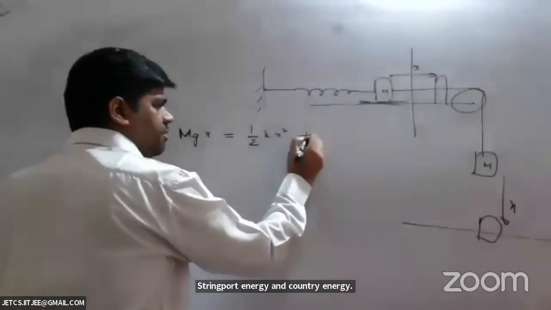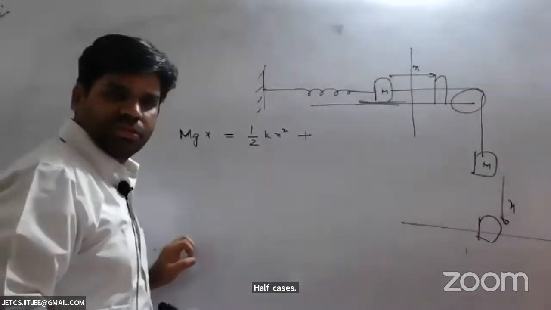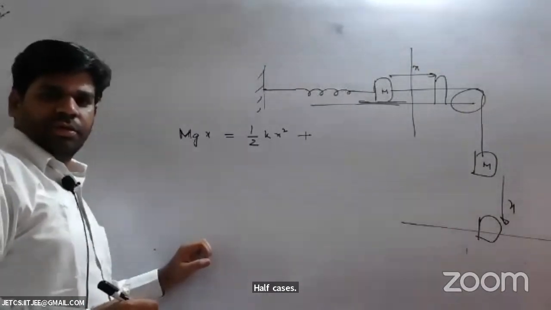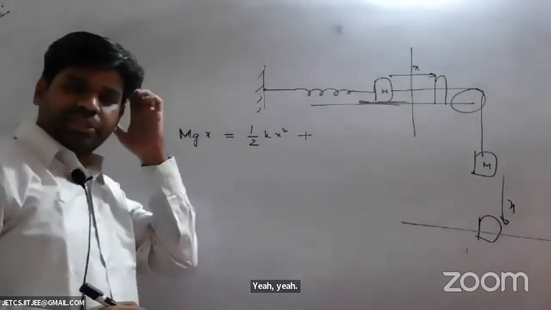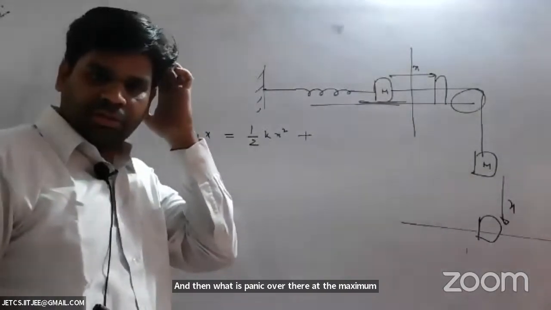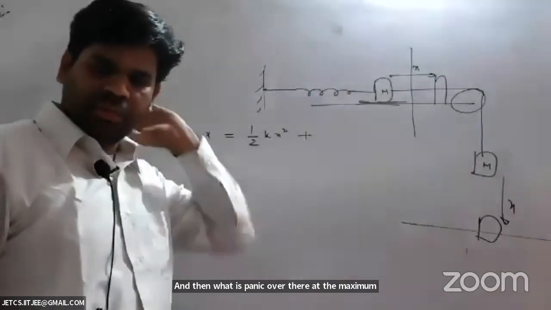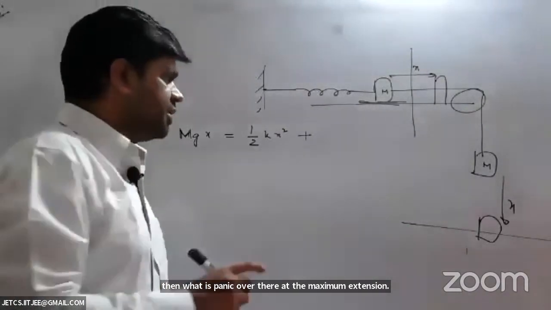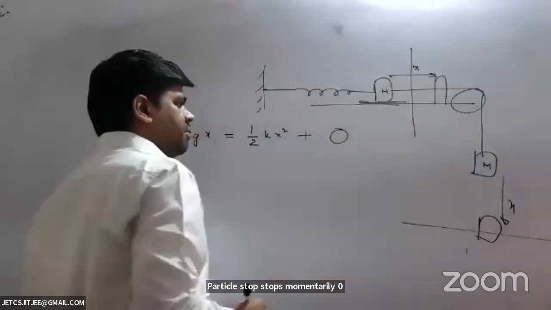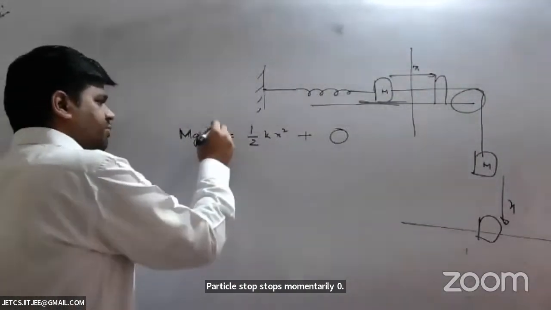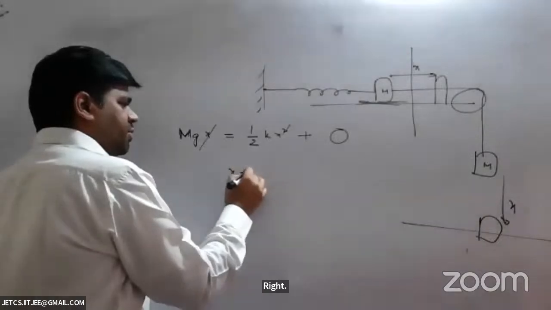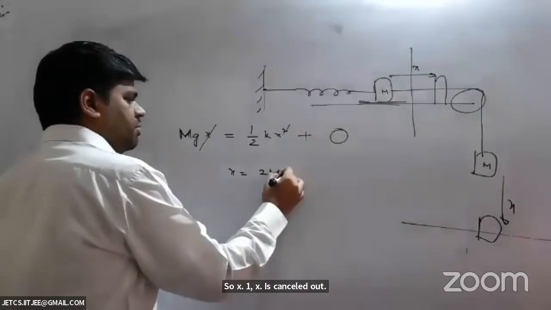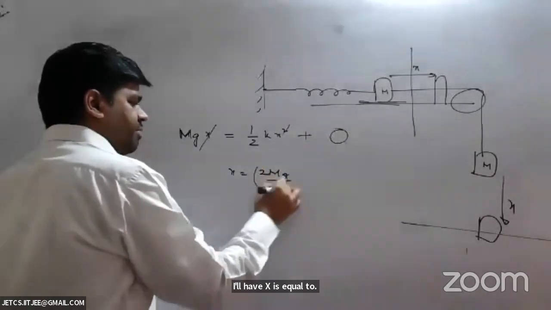Half kx square. And what is the kinetic energy at the maximum extension? The particle stops momentarily, so kinetic energy is 0. So one x gets cancelled out, and I'll have x equal to 2mg by k.